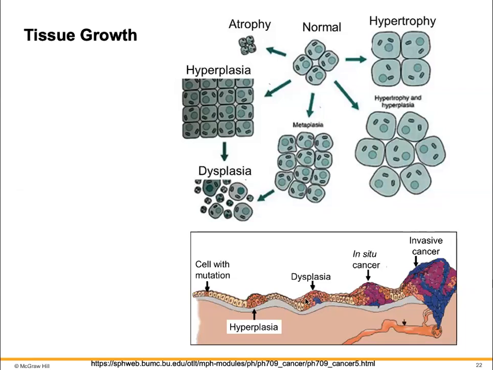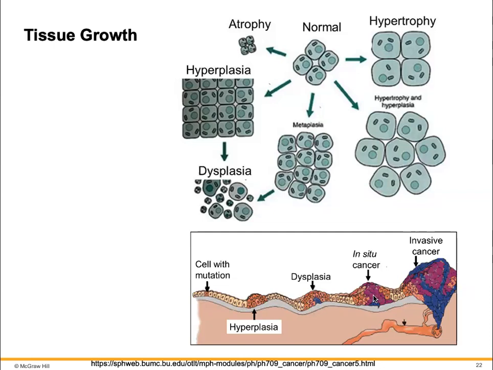And then the dysplasia is when you start to get differentiation in cell size and type in that given area. And then the in situ cancer is essentially where the tumor is still isolated. It hasn't started to become invasive yet.